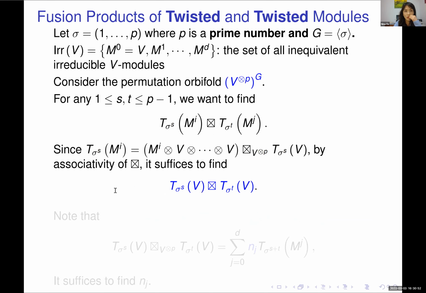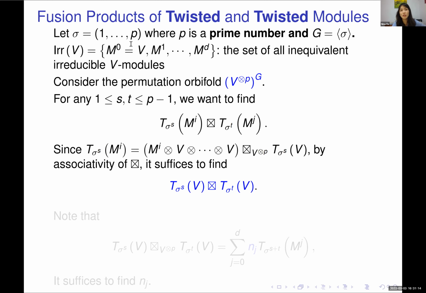Now, you will see that I can only consider the case where sigma is a p-cycle, and p is a prime number. This is different from the previous case. The reason is that we are still working on this program, and we believe that we can still get the case when sigma is any k-cycle. But for now, we only have this result.